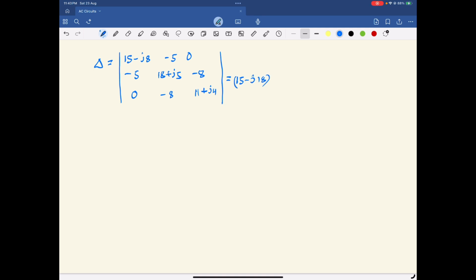So 15 minus j8 into 18 plus j5 into 11 plus j4, so minus 5 plus 5.